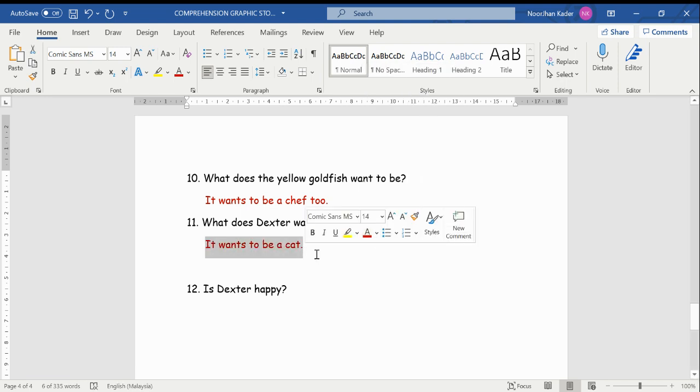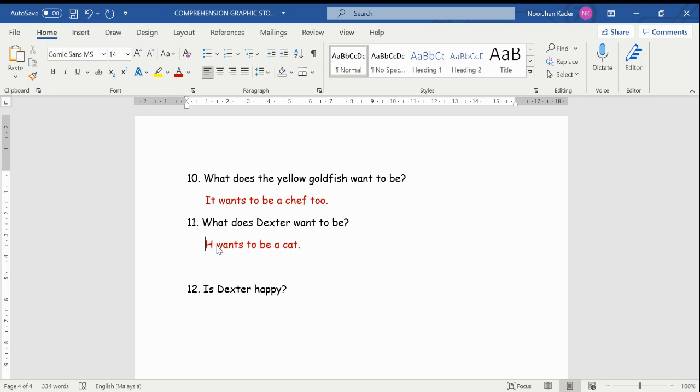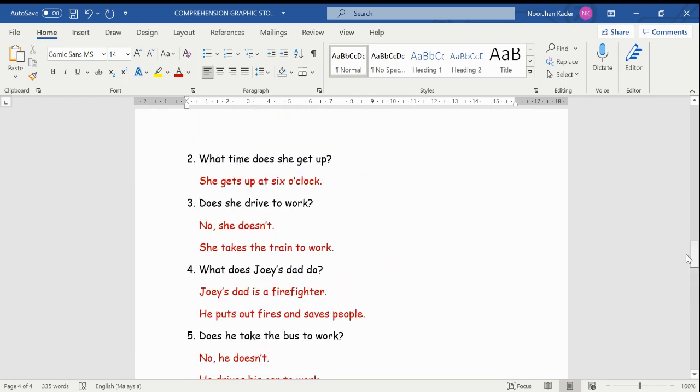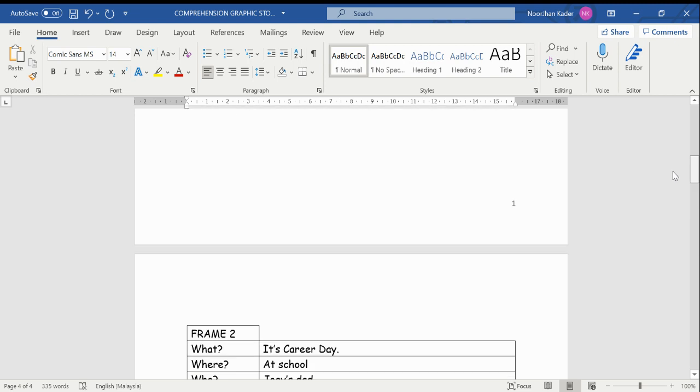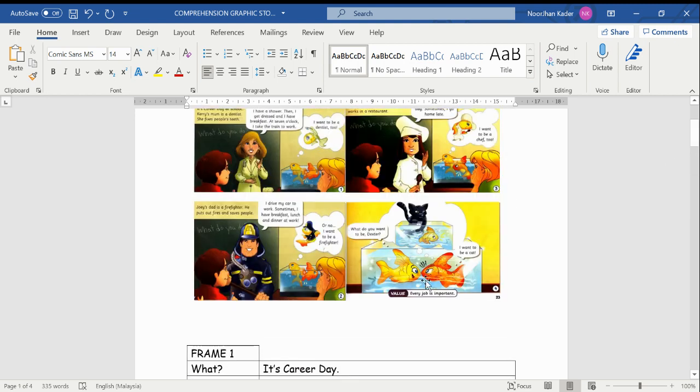Or you can also write, he wants to be a cat. Why can you also use the word he? Because in this frame 4 of this story, it has got a name, Dexter. The yellow goldfish calls him Dexter.